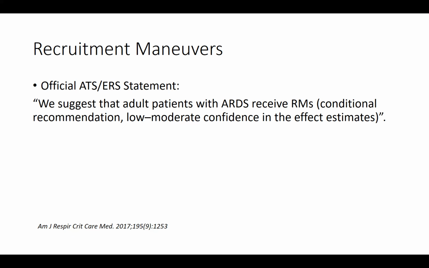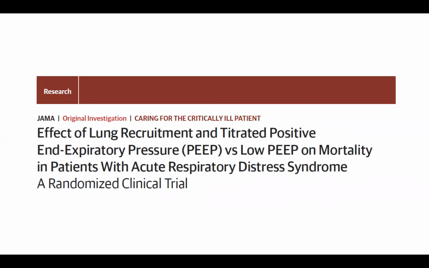Recruitment in itself does recruit alveoli, and directly your oxygenation is going to improve. But improvement in oxygenation does not correlate with improvement in mortality or with weaning from ventilation. This is clear from multiple trials in general. The largest trial that showed improvement in mortality was the low tidal volume ventilation, and that group had worse oxygenation and yet had better survival. So oxygenation and survival do not correlate.